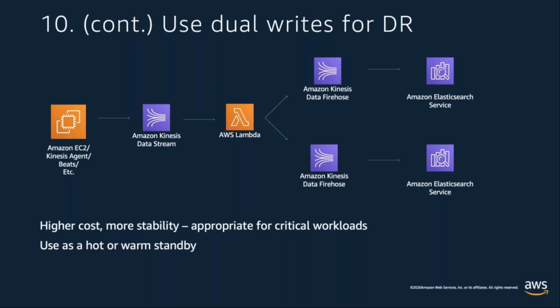I'm visualizing one for you here where we're taking a Kinesis data stream that's receiving all of the traffic from the Kinesis agent or the beats or what have you. We're executing a Lambda that's going to deliver to 2 different Kinesis Data Firehoses, one in each of 2 regions, and then deliver to Amazon Elasticsearch Service.